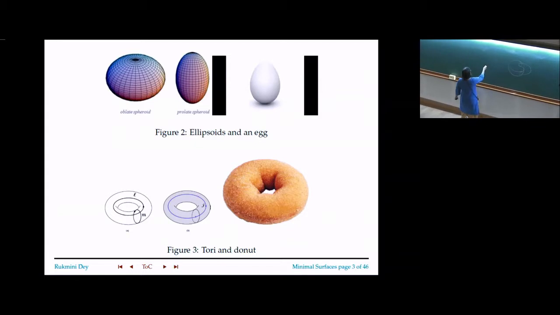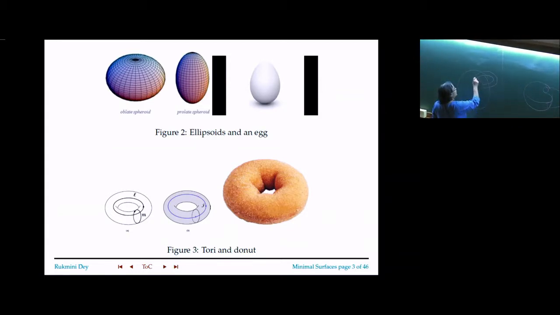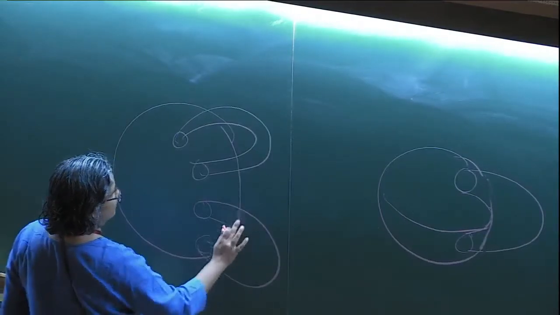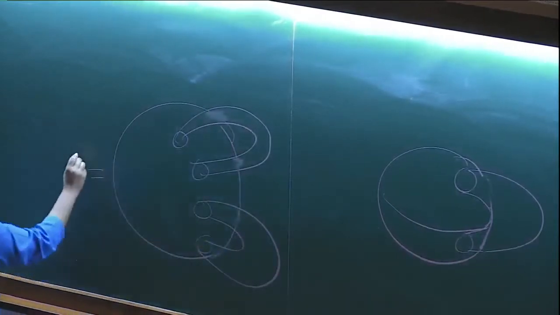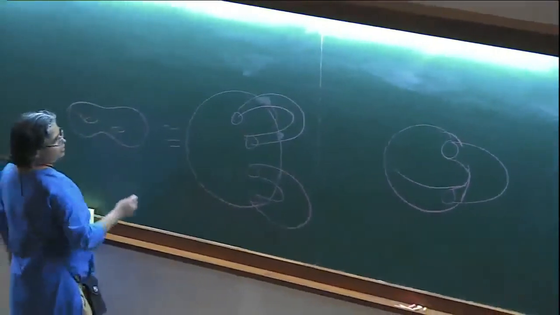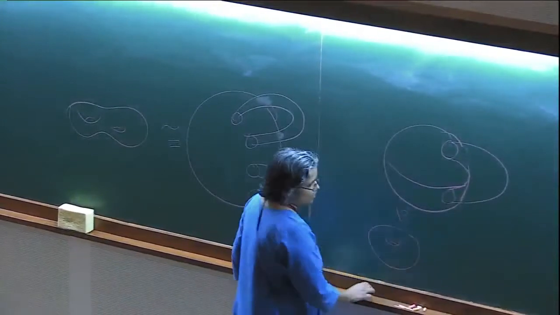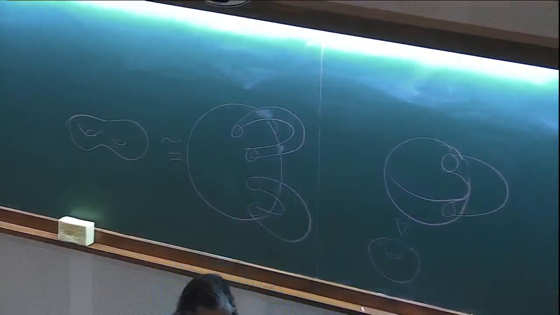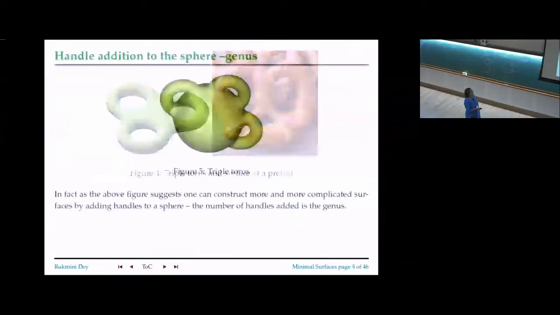Similarly, a sphere with 2 handles is a double torus, right? This is like a double torus. And this was the torus. So these are examples to keep in mind. And you can imagine we can continue to add handles.